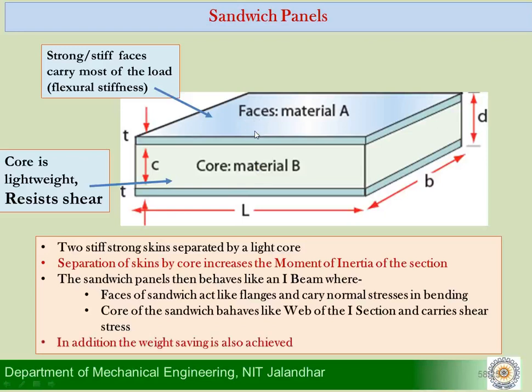That is why the sandwich structure that you develop here, in addition to behaving like an I section, will also give you weight saving, because the core material is traditionally a very lightweight material, and the overall mass of the sandwich structure is reduced to a great extent.